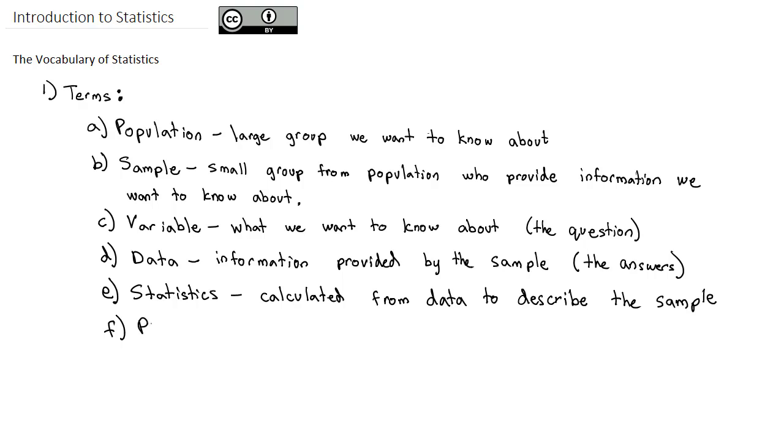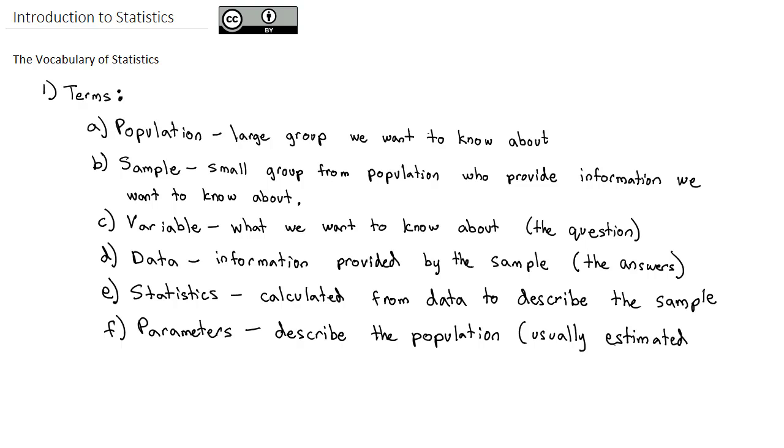Statistics help us estimate what are called parameters. And parameters are actually what we're ultimately interested in this class. Parameters describe the population. And they are usually estimated from the statistic.